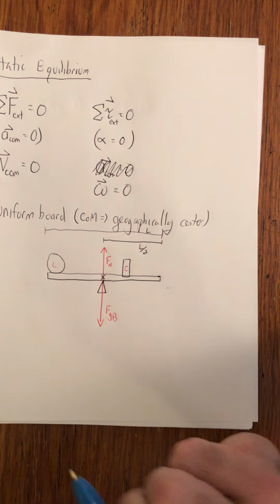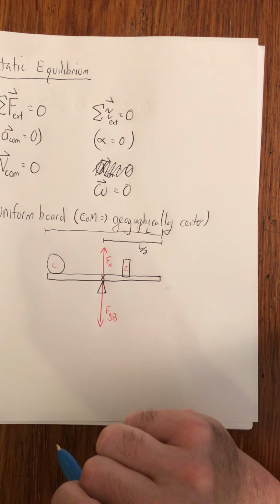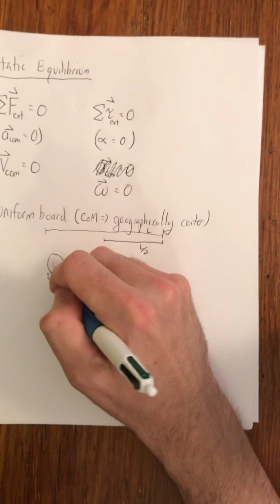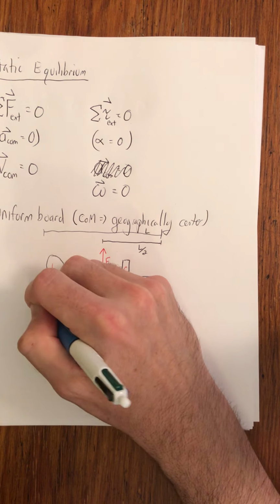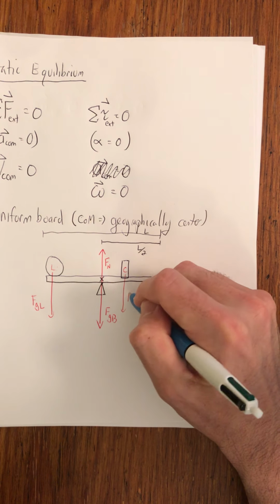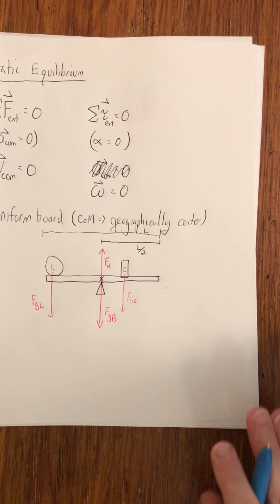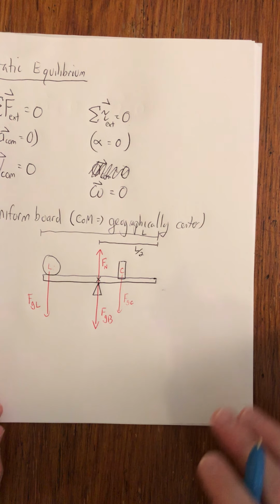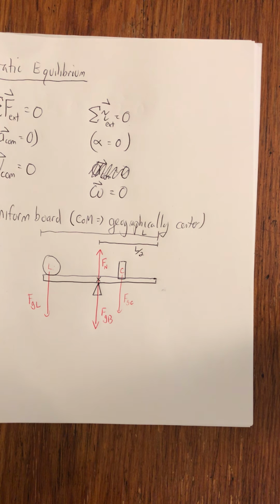So this unit and this unit only, we're going to skip that intermediary step, and we're just going to draw in FGL and FGC as if it acts directly on the board, which is not technically correct, but we're going to save ourselves a little bit of time and effort in this unit.